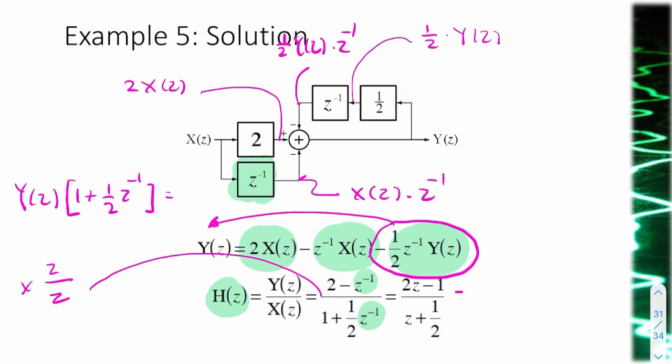So if you were to multiply by 2 over 2, it would give you 4z minus 2 over 2z minus 1. So this, and this are all the same and correct, but we try to avoid negative powers in our transfer function. So that's how we would go from a block diagram to a transfer function.